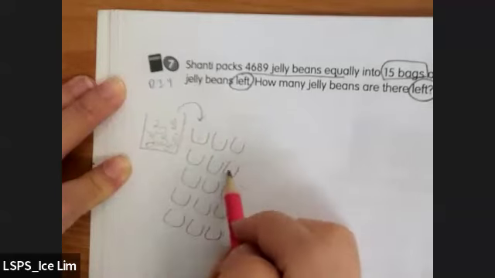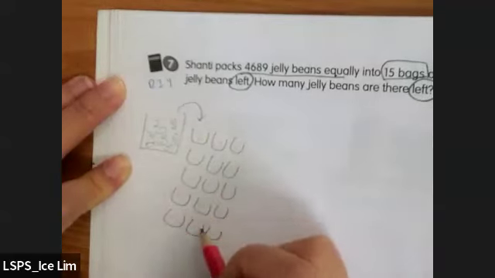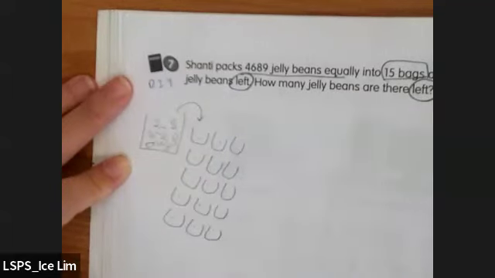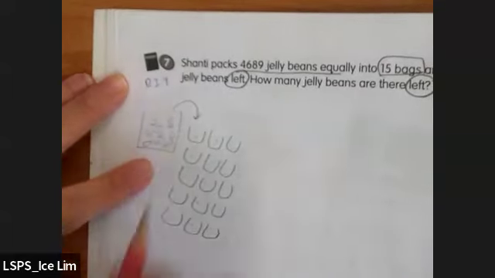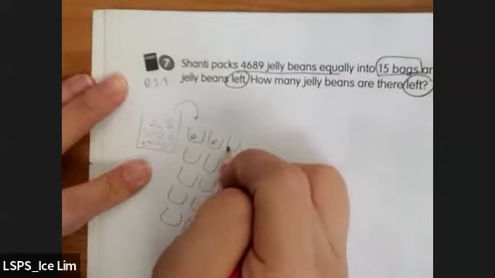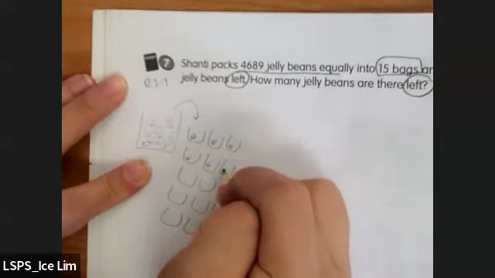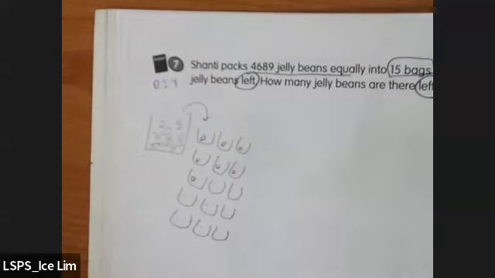One, two, three, four, 5, 6, 7, 8, 9, 10, 11, 12, 13, 14. I already know there are 15 bags. So I'm going to put one inside, put one inside, put one inside.